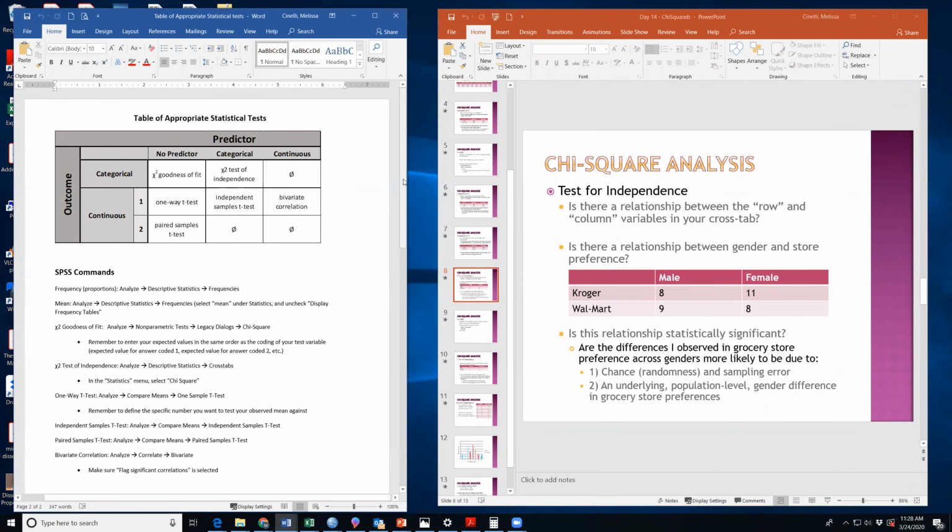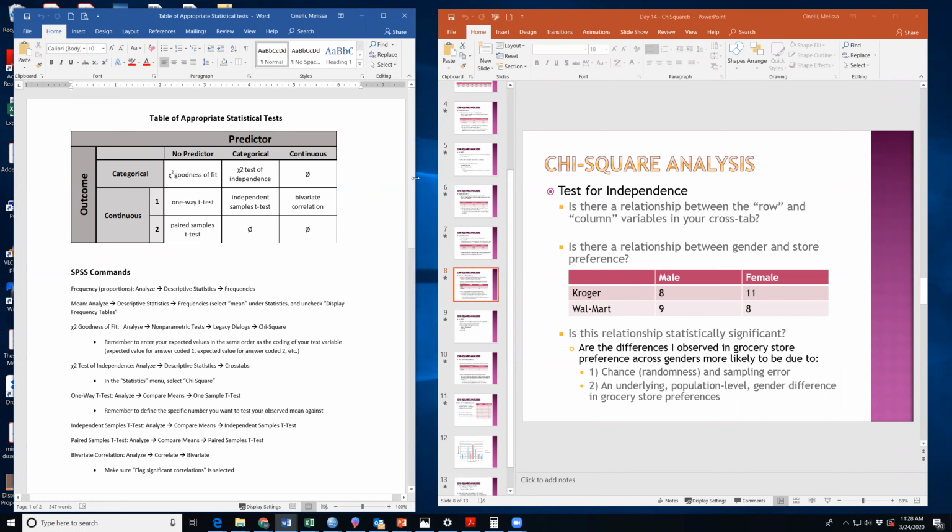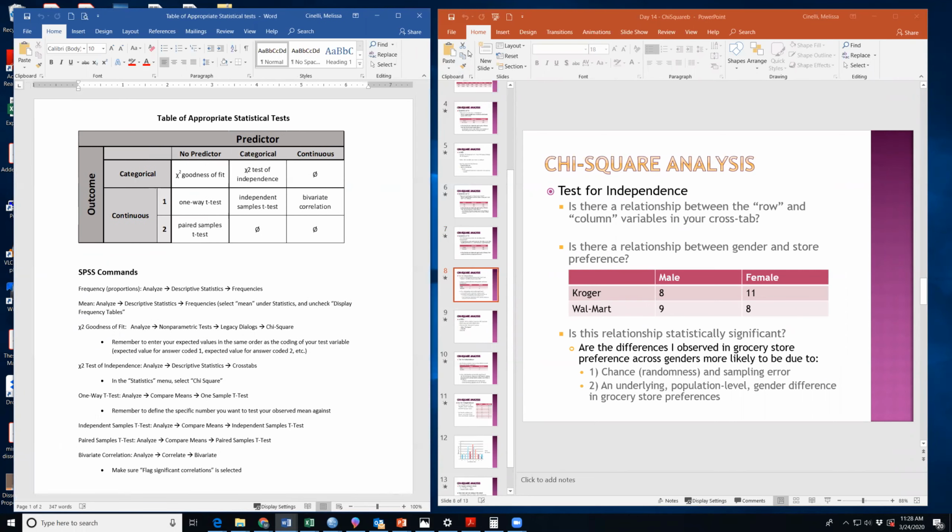All right, we have a second kind of chi-square test. It's called a chi-square test for independence. What the chi-square test for independence does is it asks, if we set up a crosstab table, like this one right here, remember, the crosstab takes two variables and looks at the count information for those two variables in conjunction. So if we divide up our sample based on how they answered this male-female question, we have two groups now, males and females.